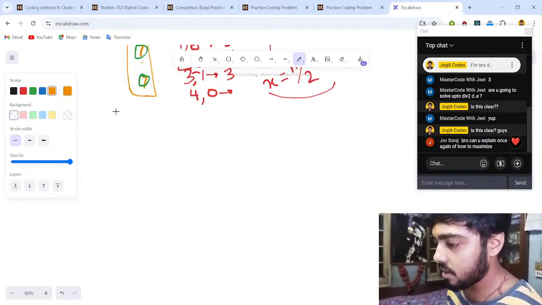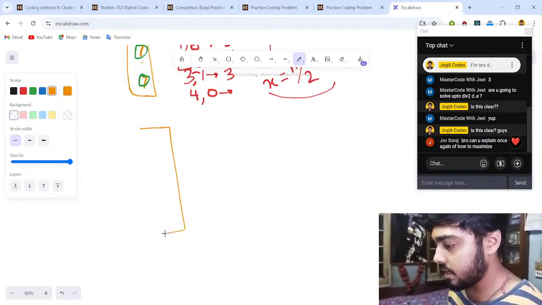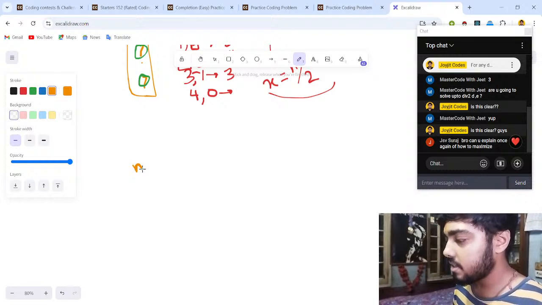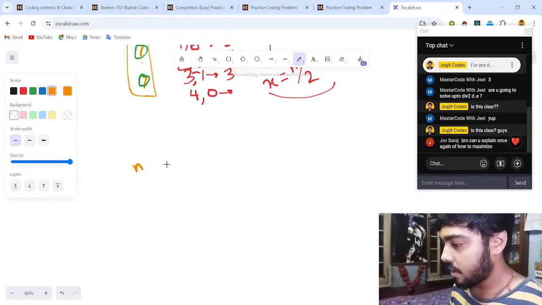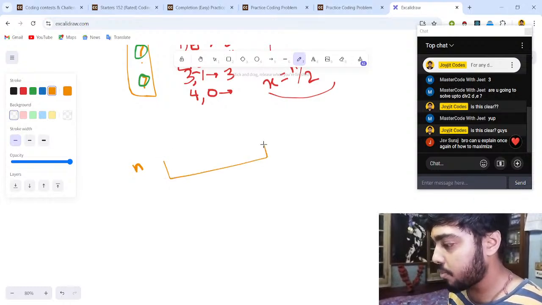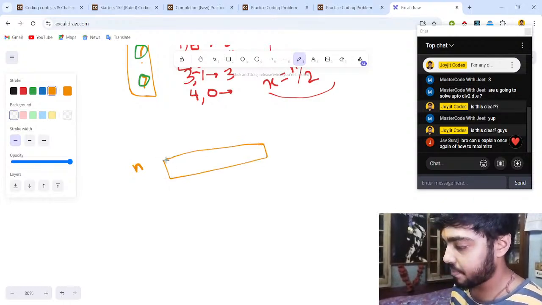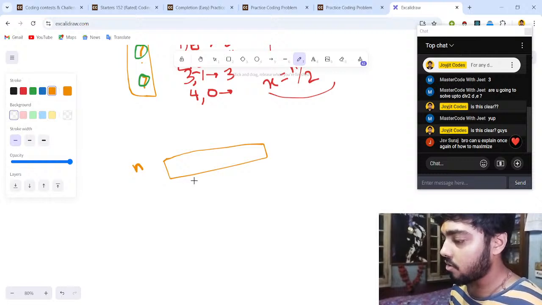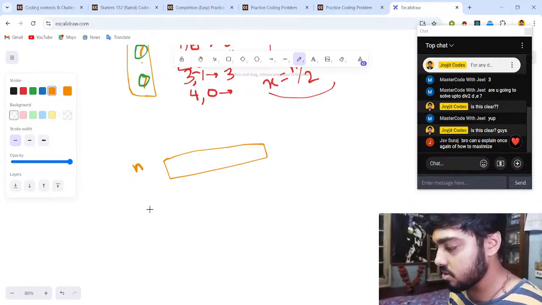Let's say there are n number of positions, and you can either put zeros in them or ones in them. Now we know that the Hamming distance is basically going to be the number of zeros into the number of ones.